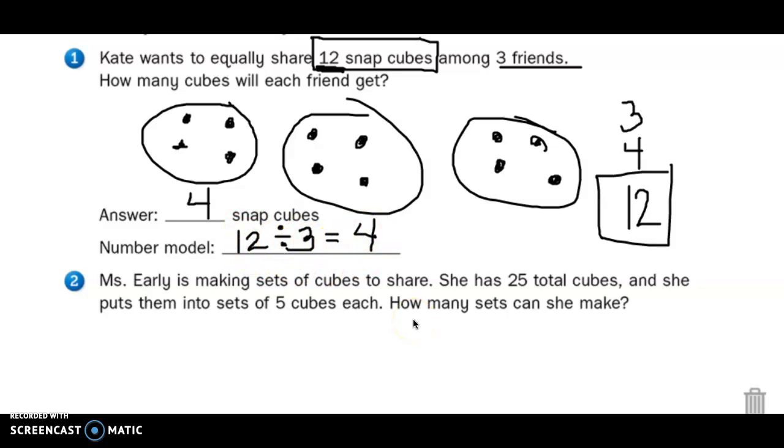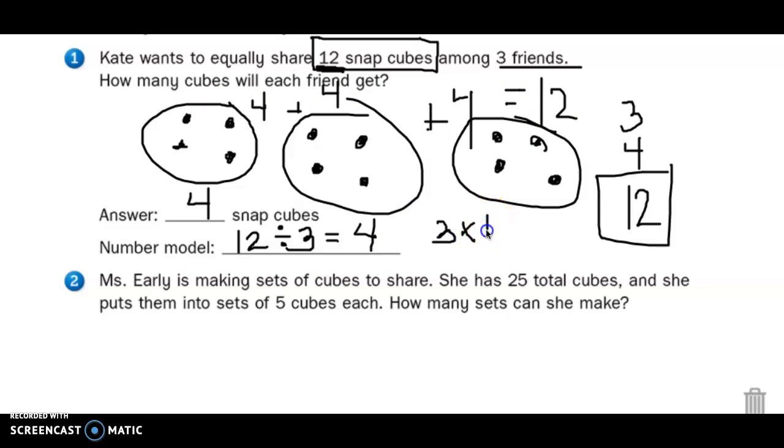If we're talking about fact families, right? I have 4 in this one, plus 4, plus 4. And I know that equals 12. How many times did I add 4 together? 3 times.